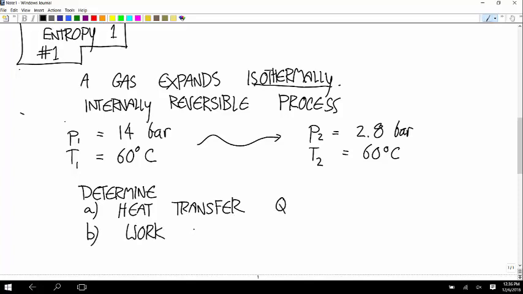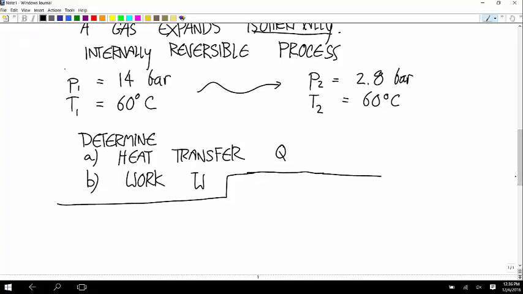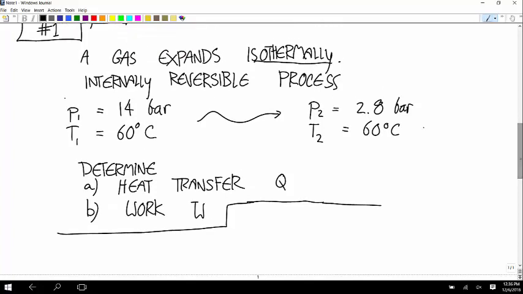So we're just calculating Q and W. Well, to calculate the heat transfer, okay, so it expands.